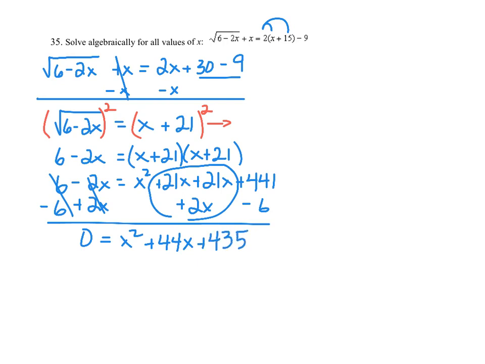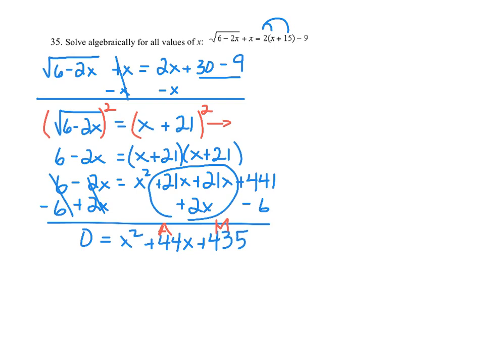Now, listen, off the top of my head, I have no idea what numbers add to 44 and multiply to 435. So remember the trick that you can do in your calculator. Go to your Y1 and put in 435, divide by X, then go to your table of values and look for two numbers that would multiply to 435.